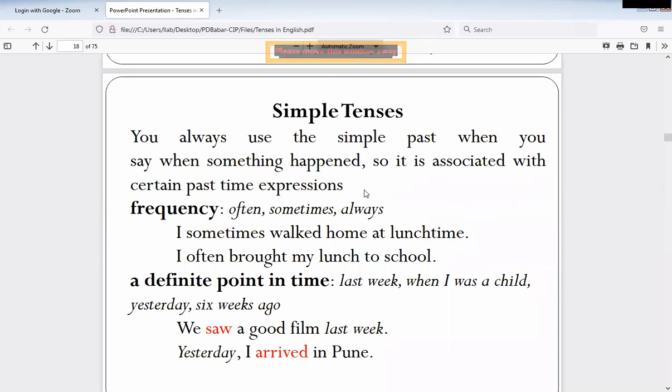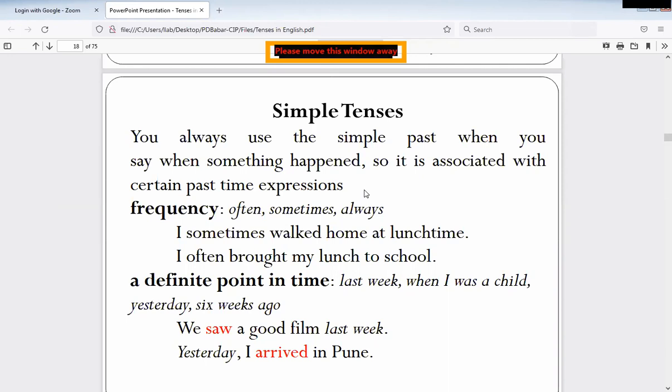So often is another frequency indicator which shows the action and the frequency of that action. This action of bringing the lunch box to school is happening often, means नेहमी होते ही क्रिया. Okay, so often is also a frequency indicator.